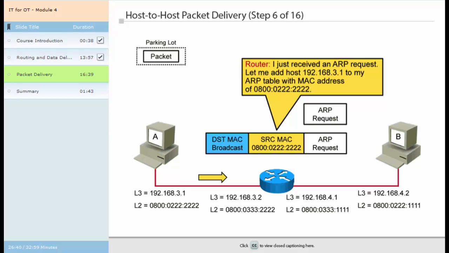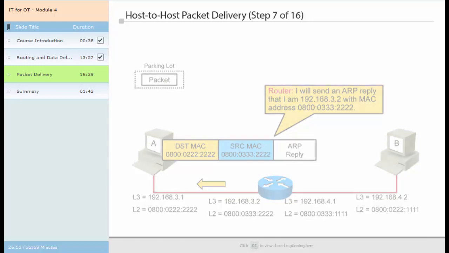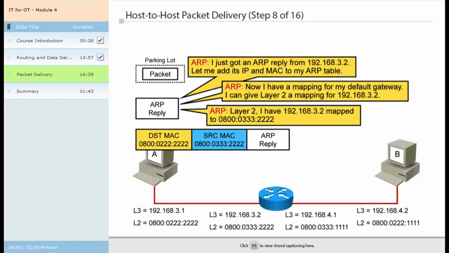The ARP request contains information about the host, and the router adds the information in the ARP table. The router processes the ARP request like any other host and sends the ARP reply with the information. The host receives an ARP reply to the ARP request and enters the information in the local ARP table.